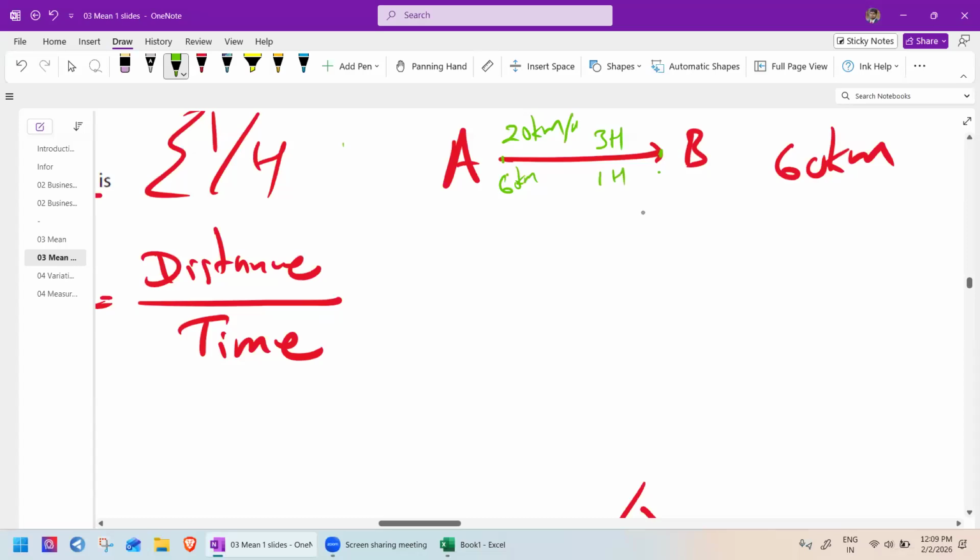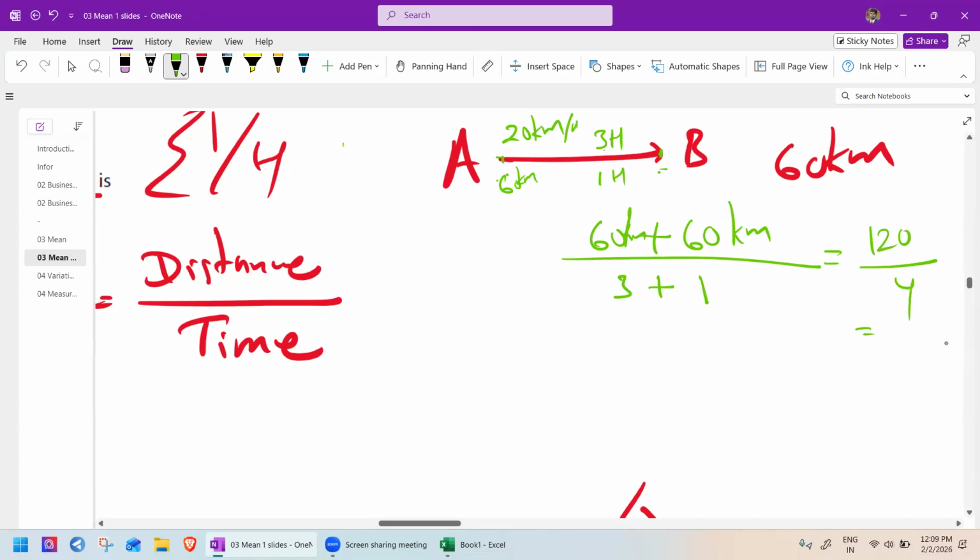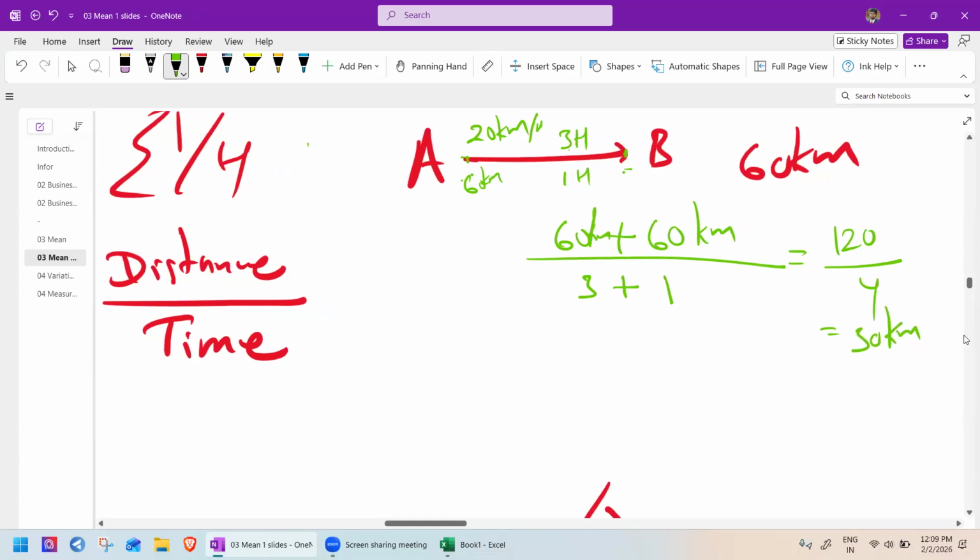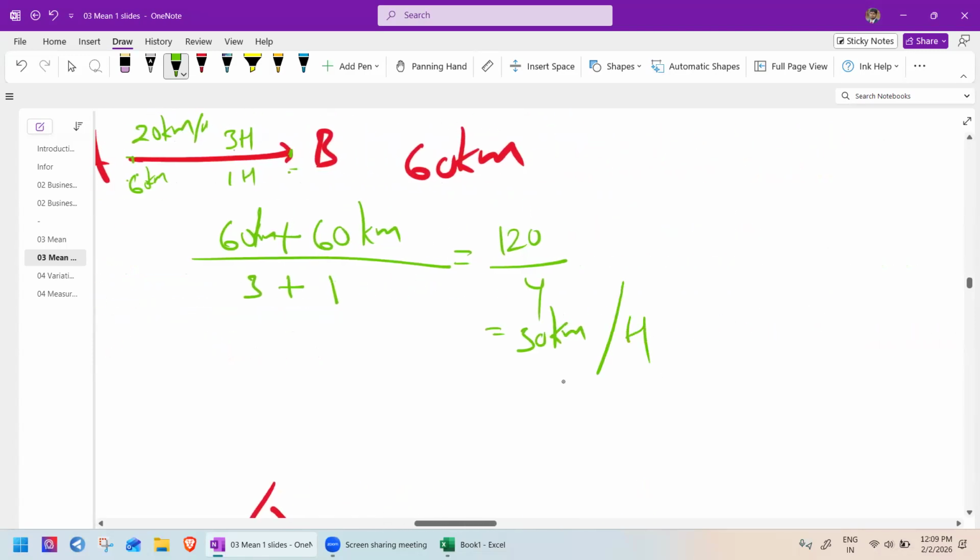The total distance, A to B, 60 kilometers, and B to A, 60 kilometers. Time, 3 hours and 1 hour. 120 divided by 4 should be 30 kilometers per hour.